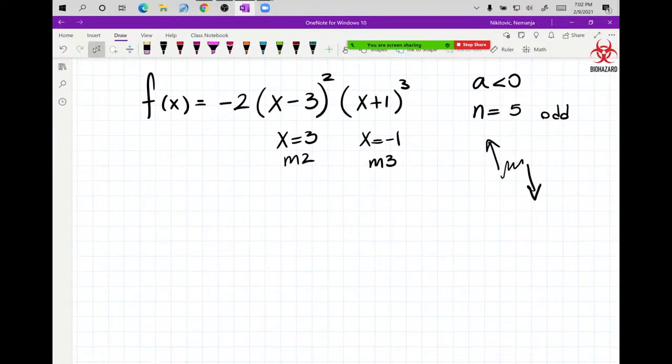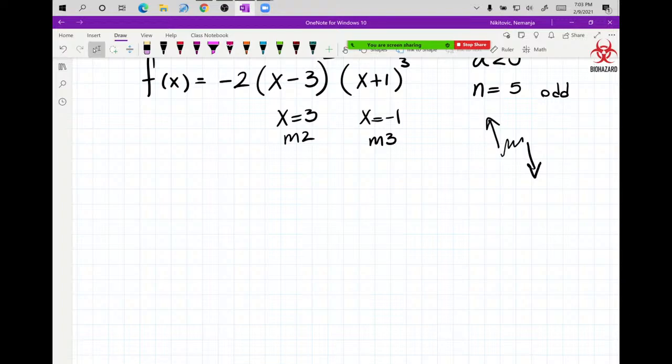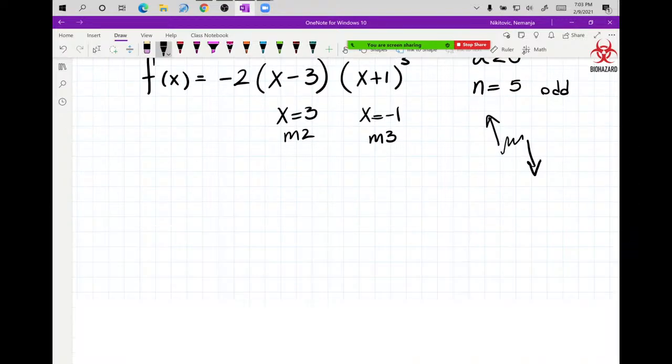So now what we're going to have is the graph over here, and we have our values.